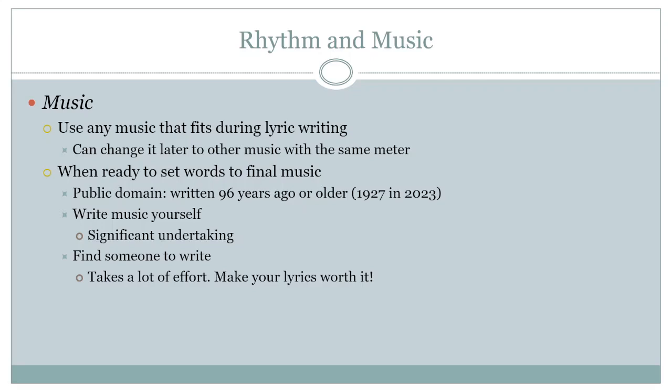And especially, it takes a lot of effort if the lyrics are not written well for music. They can be beautifully written and say beautiful things in beautiful ways, but it's a different thing than to have them in such a rhythm and arrangement that music works easily with it, especially if it gets away from something very simple or something very common. If it's a very common type of meter, you can probably find something in the public domain.